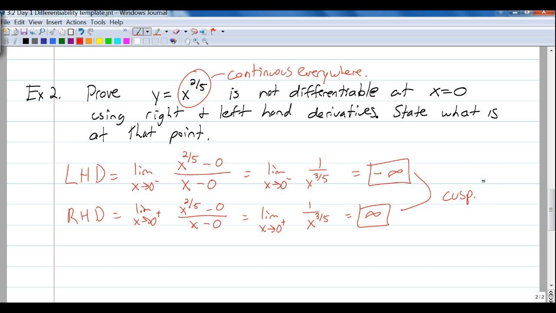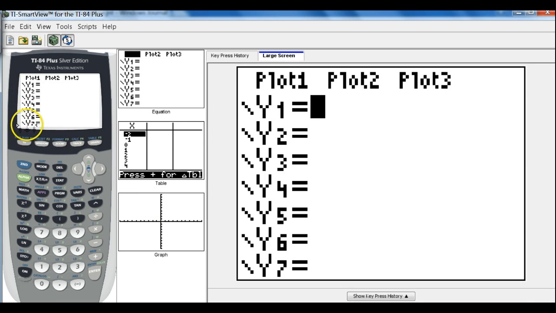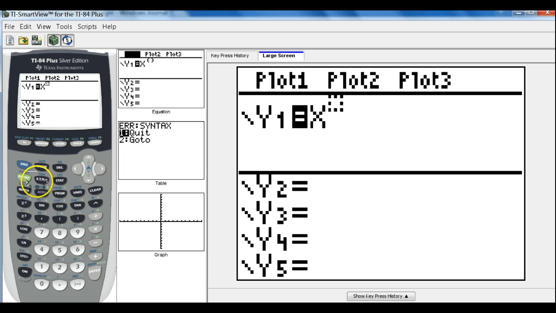Okay? Now, just real quick to check, x to the 2/5, I'm going to graph that so you guys can see what that looks like. Now, obviously, with the proving, you might have this on a non-calculator portion.